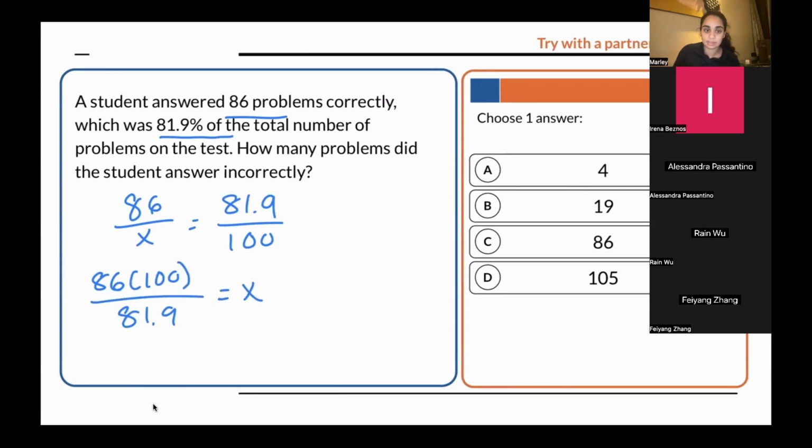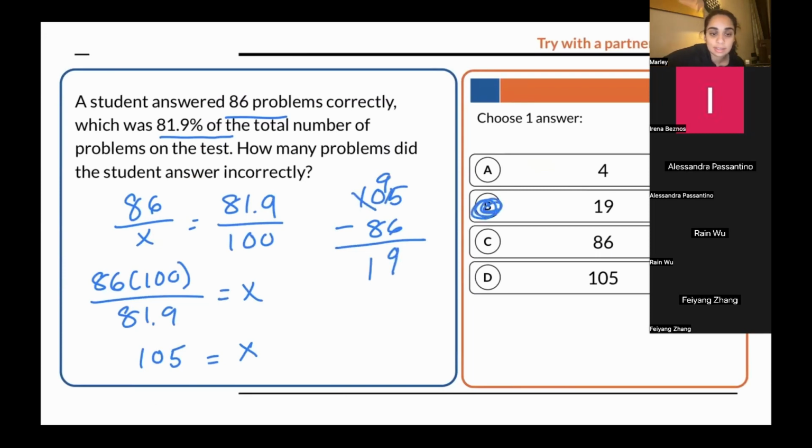If we isolate x, that's what it gives us. And the answer, if you use your calculator, is 105. And so what we would do then is 105 minus 86, and we would get 19. Answer choice B.